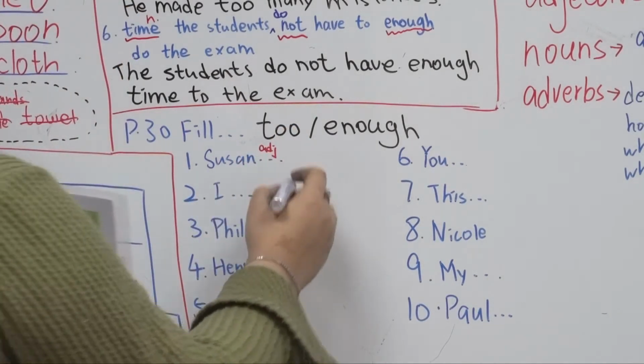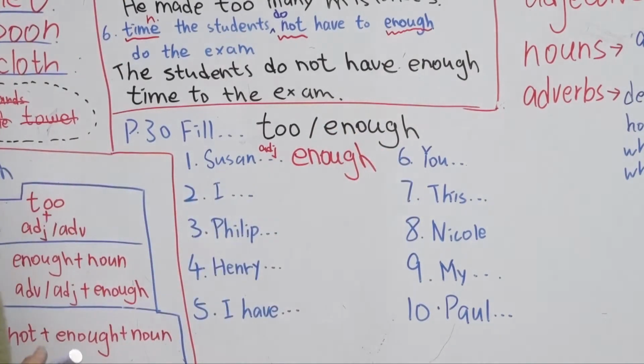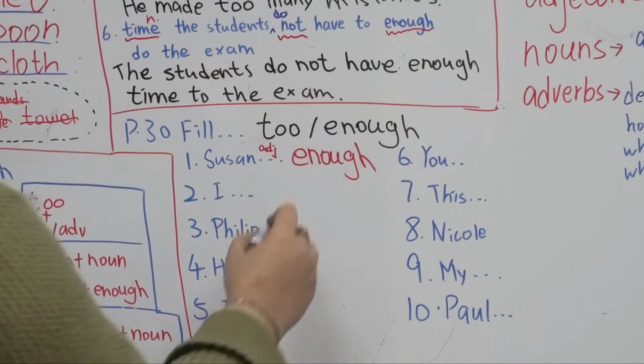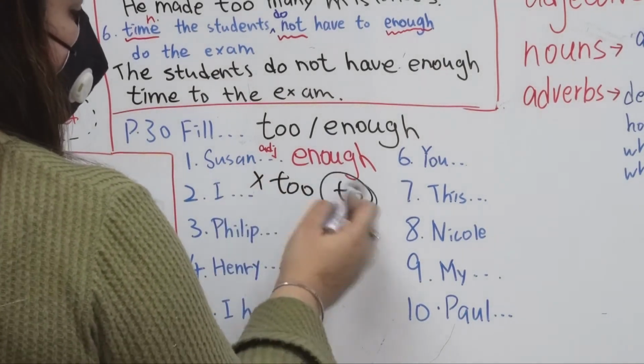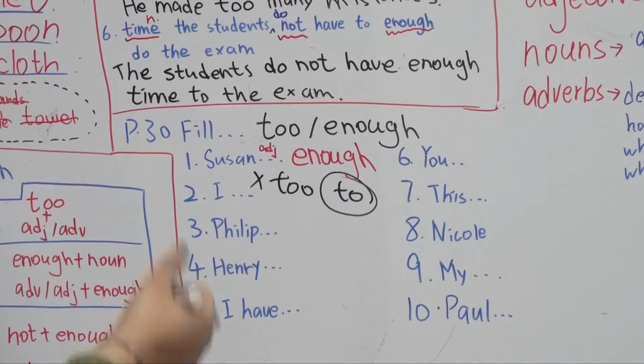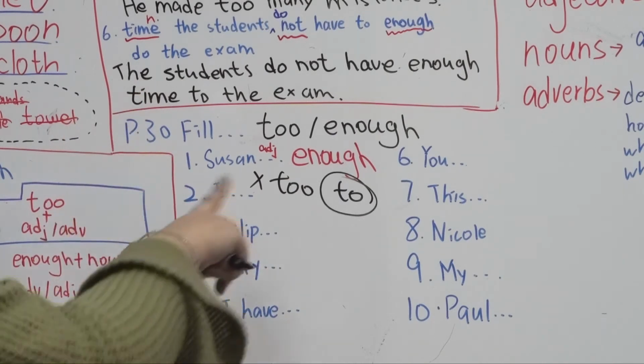Right, enough is the answer. Too is only followed with adjective and adverb, right? So we don't write too here, because this is neither an adverb nor an adjective.